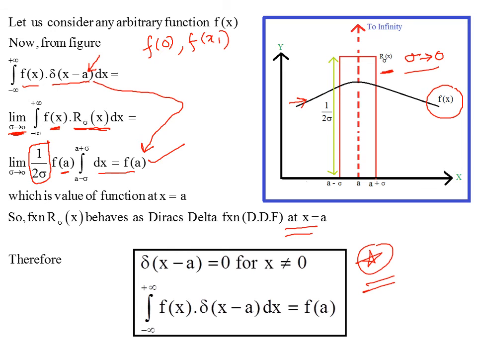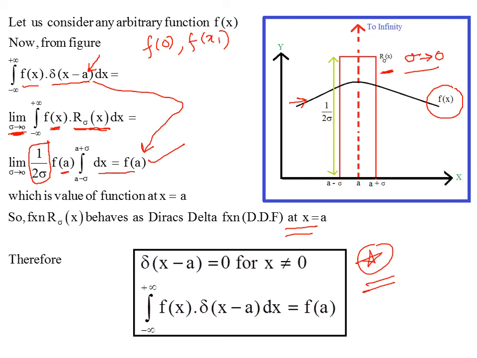So I have multiplied this f of x with Dirac's delta function, delta x minus a, and then I have replaced this delta function with r sigma of x, which is a Dirac delta function under the limit sigma tends to 0. We have substituted the value of this function.